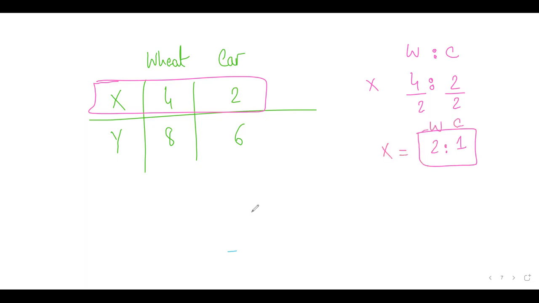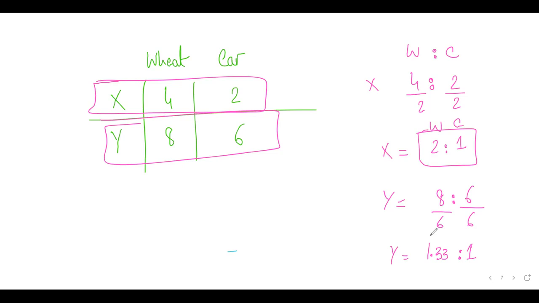Any confusion so far? For Y, it would be 8:6, so you have to simplify this. You divide both values by 6, so this gives you 1:1.333. In Y's case, you have to give up only 1.33 units of wheat to get 1 unit of car, right?